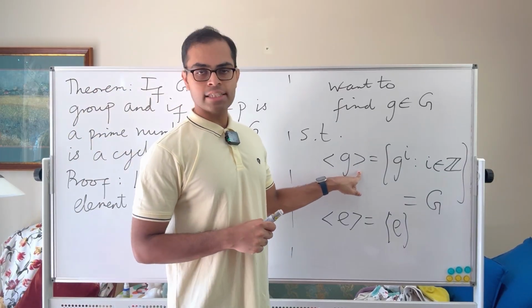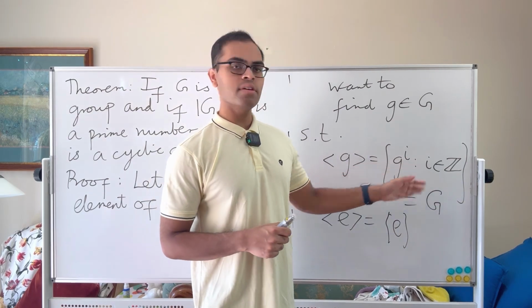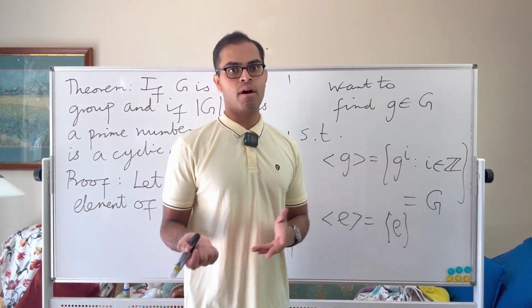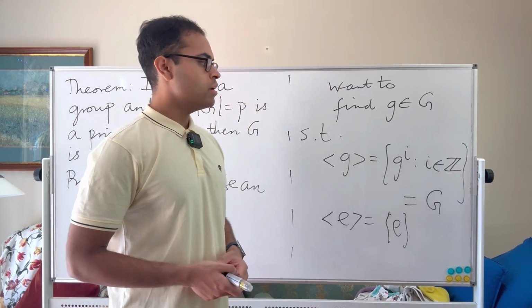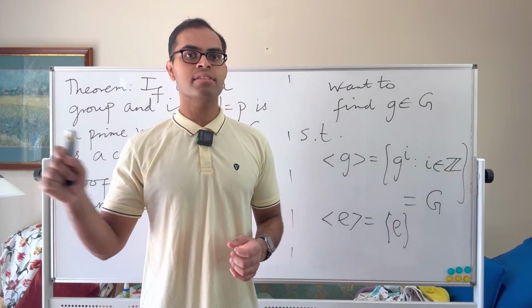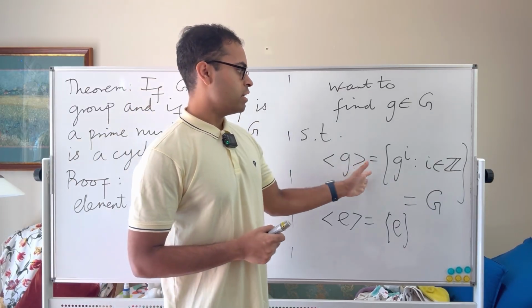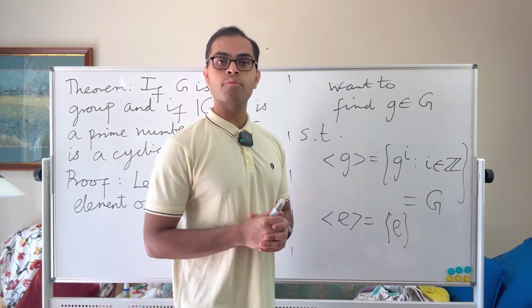We know that this is a subgroup of G. That's an exercise, because the product of any two powers of g is again a power of g, and the inverse of a power of g is also a power of g. The inverse of g^i is g^(-i), and g^(-i), if i is positive, is just the product of g inverse, i times. That's what it means to take g to a negative power in a group. And so we know that this is a subgroup of G.